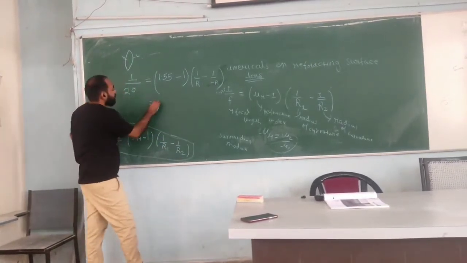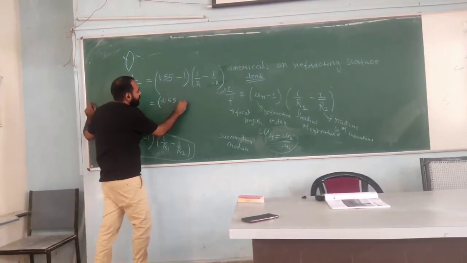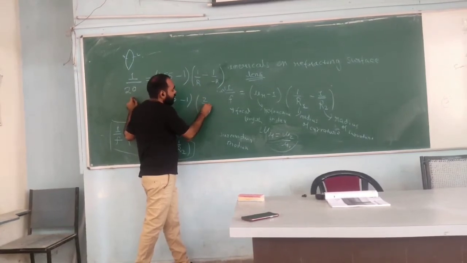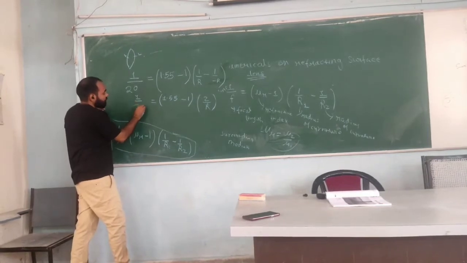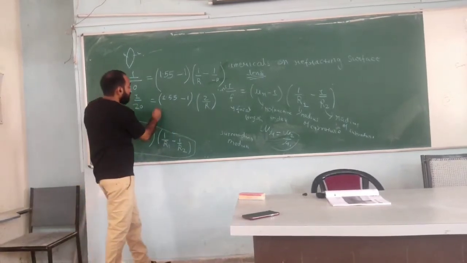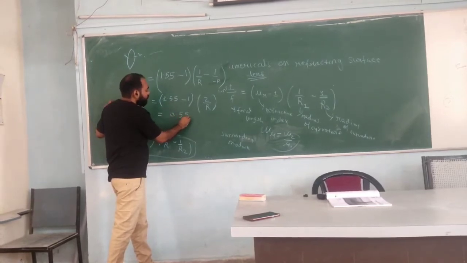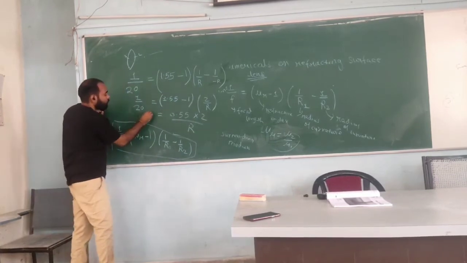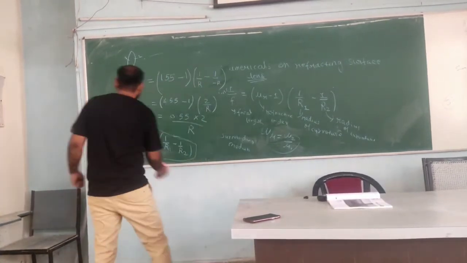Then solving further: 1.55 minus 1, minus minus becomes plus, so 1 upon 20 is equal to (1.55 minus 1, that is 0.55) into 2 upon R.